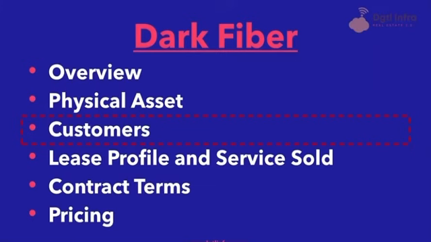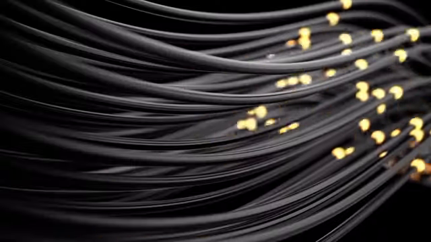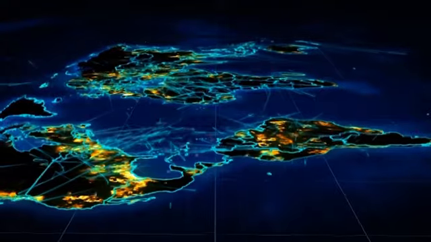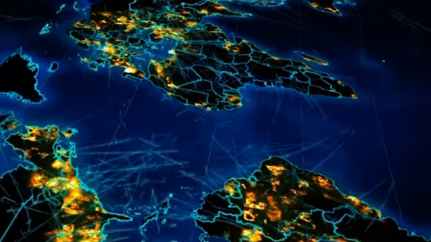So let's walk through some of the specific customers of dark fiber from those categories. Starting in wireline, this includes companies like Zayo, Verizon, Windstream, AT&T, Cogent, and Lumen. Many of these wireline customers are in fact providers of dark fiber themselves, which emphasizes what we spoke about earlier and will also elaborate on further in this video.